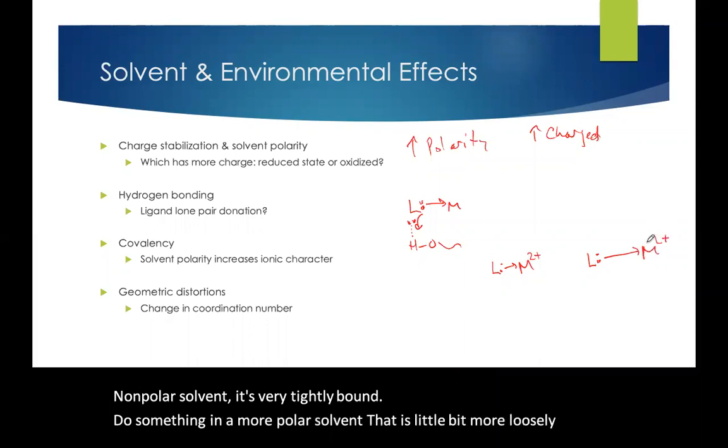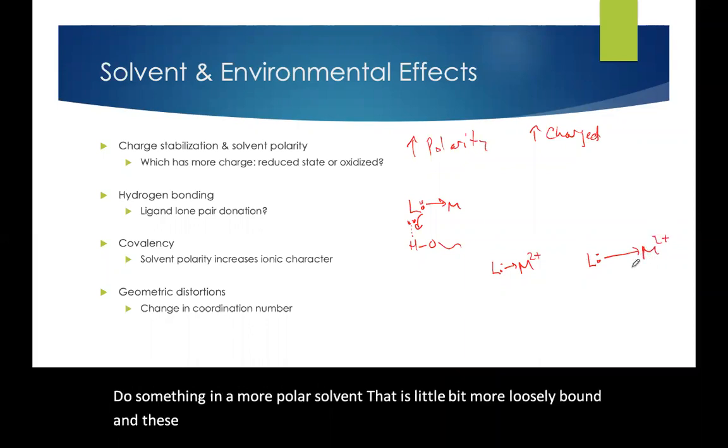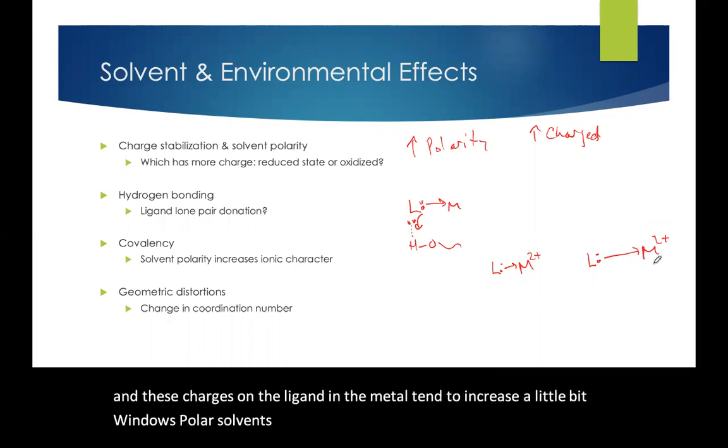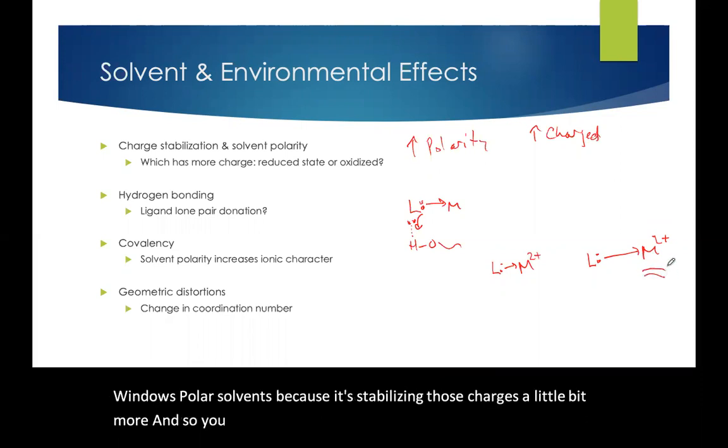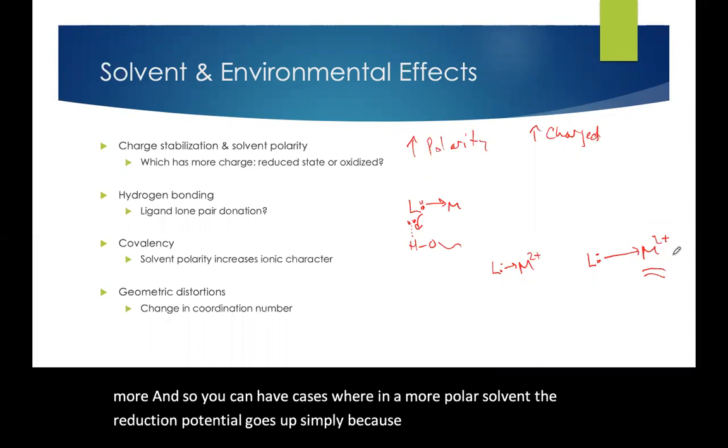And these charges on the ligand and the metal tend to increase a little bit in those polar solvents because it's stabilizing those charges a little bit more. And so you can have cases where in a more polar solvent, the reduction potential goes up simply because the metal ion is more exposed, okay?